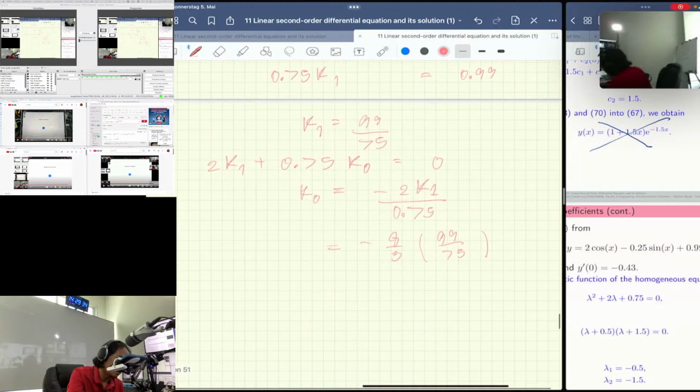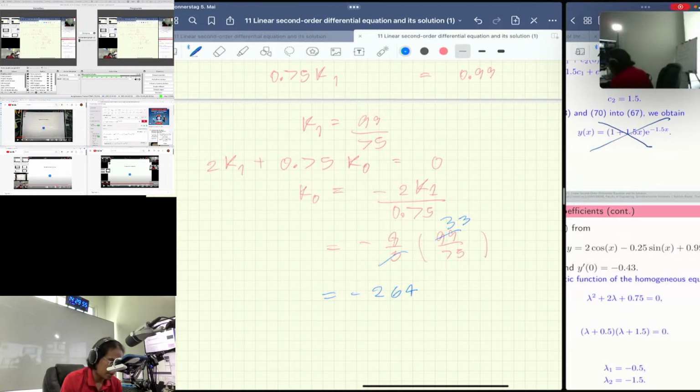Okay, and yes, of course, you can cancel 3, so k0 will be negative 264 divided by 75, and that's k0.